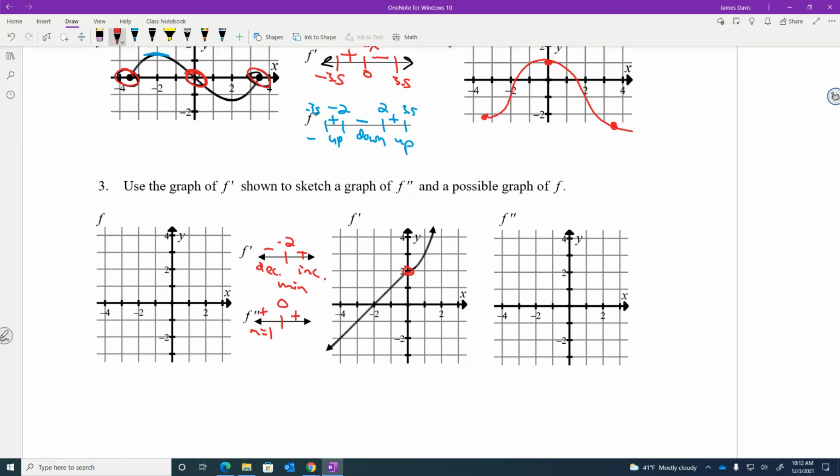And it should be concave up the whole way, right? So there aren't a lot of restrictions here. You could put the min essentially wherever you want, I guess. There's no restrictions. And then we just need to do decreasing and up, and then increasing and up.